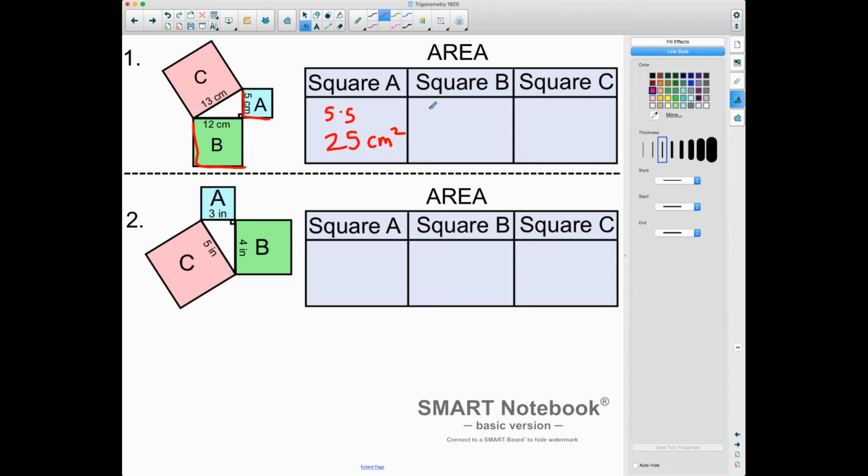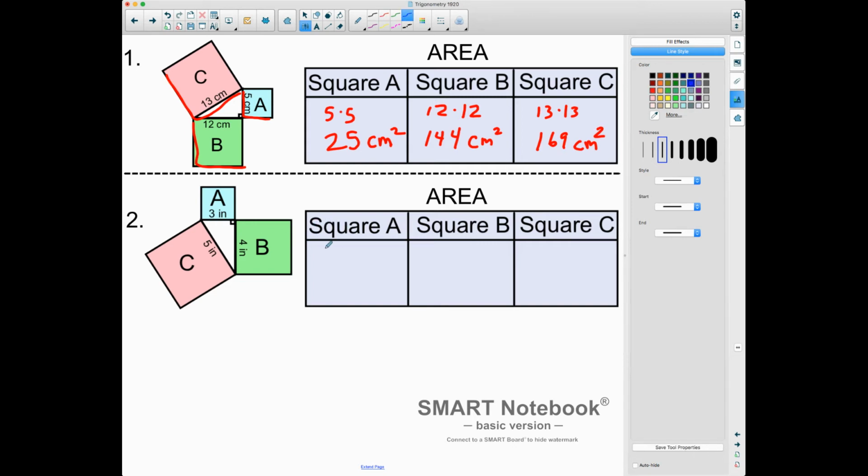So we're going to do 12 times 12 and get 144 square centimeters. And then square C is a 13 by 13. So we're going to do 13 times itself. Here we go. And that's 169 square centimeters. All right. But why? You'll find out.